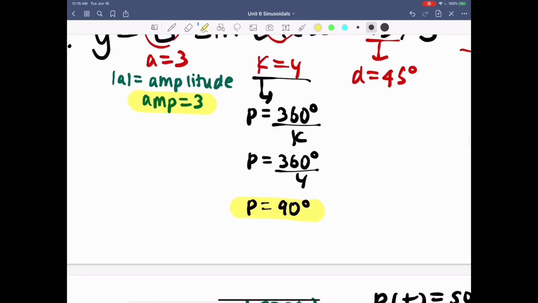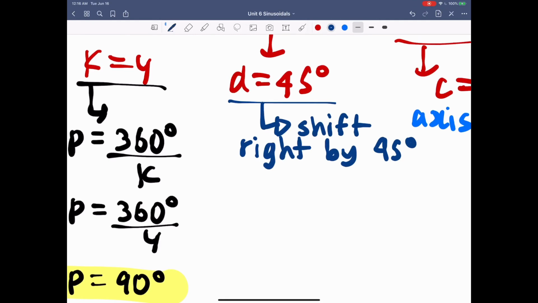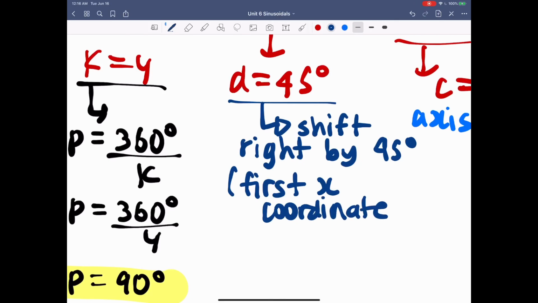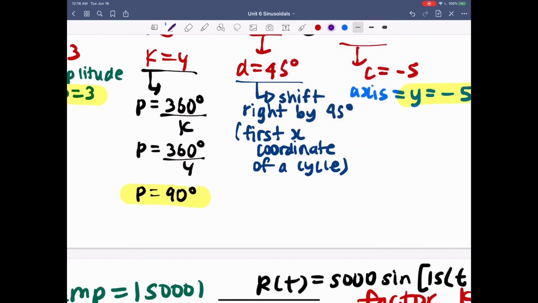With D equals 45, well, trying to consider what that means, it means that there has been a shift to the right by 45 degrees. But what does that mean? Well, I told you that when you look at it that way, it's really like the first x coordinate of a cycle. So that's going to help me out when I'm starting to draw my graph, right?